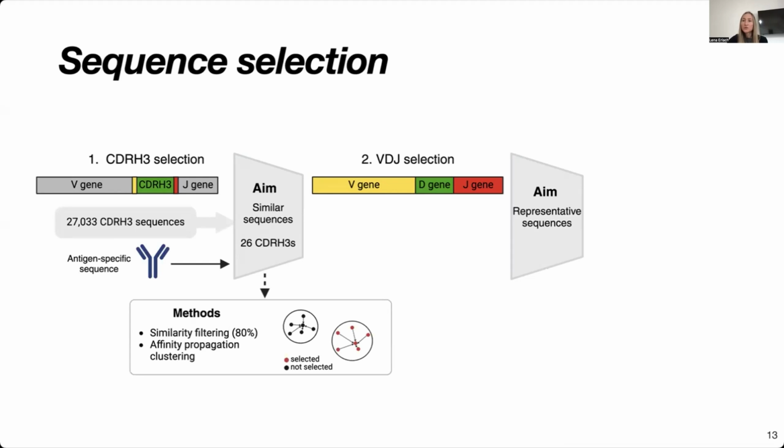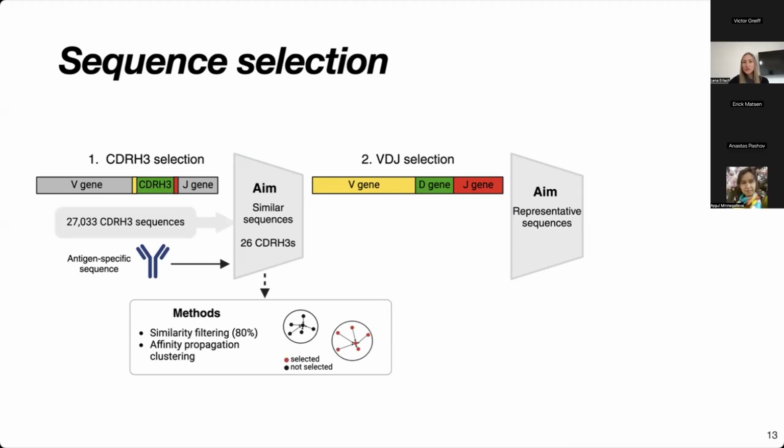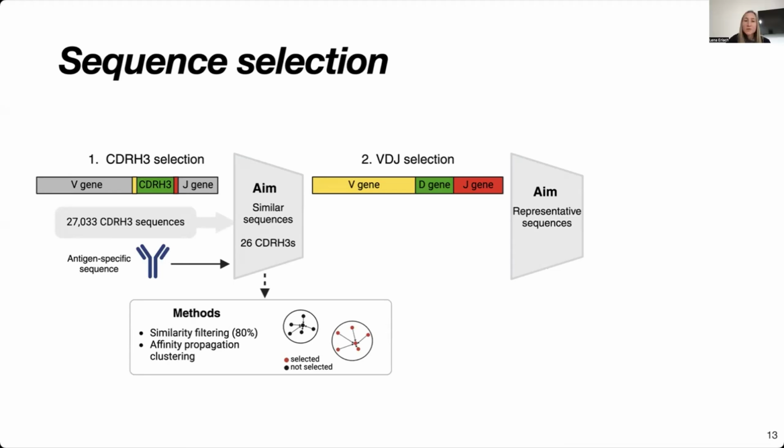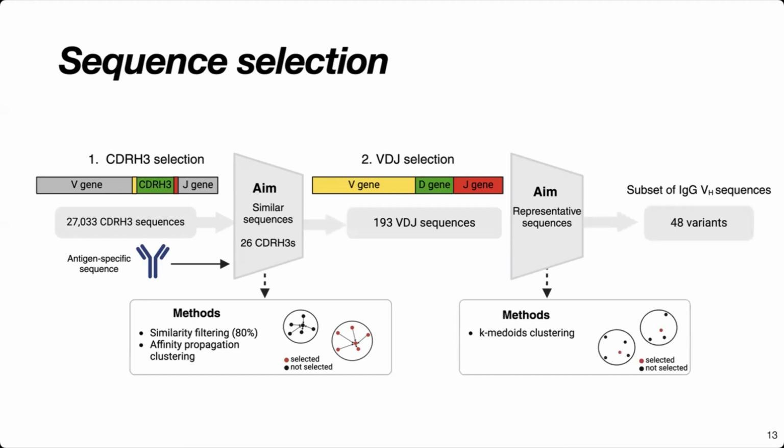So we were looking to have a very stringent selection based on the CDR3 region, or CDRH3 regions. And in the second part, we pulled out all of the VDJ sequences that contained those CDRH3 sequences. For this part, the goal was, assuming that the sequences we selected previously would hopefully be antigen specific, to select a broad representation of this antigen-specific sequence space.